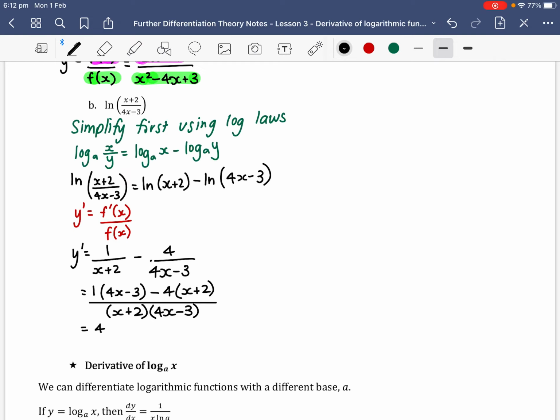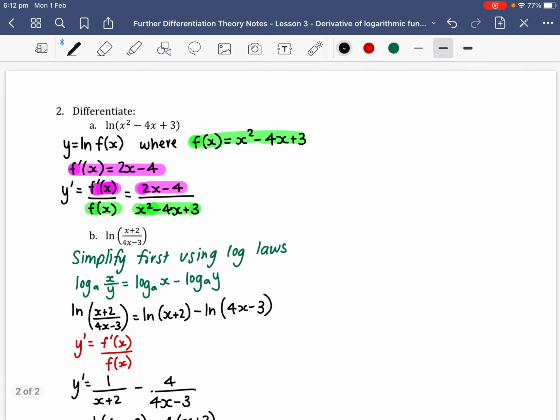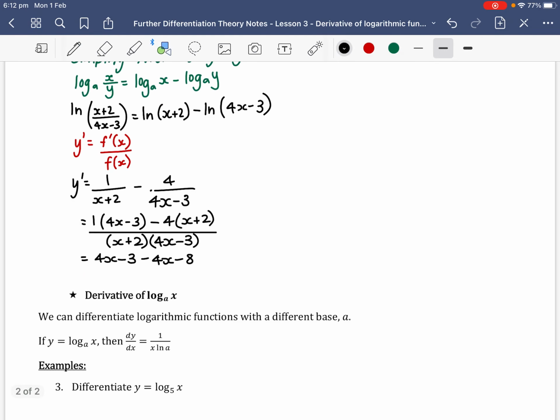And to clean this up, we have 4x minus 3 when we multiply 1 in, minus 4x minus 8, all divided by x plus 2 times 4x minus 3.